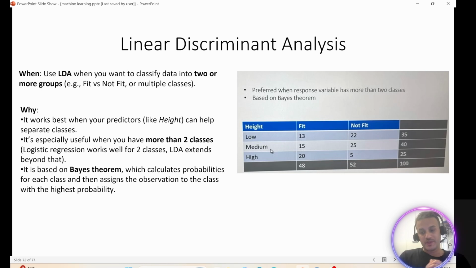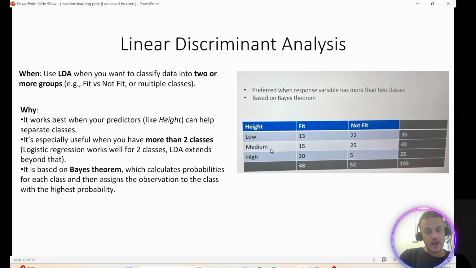So linear discriminant analysis is the same as logistic regression, but if you have more than two classes, we can use linear discriminant analysis. And when you prepare your data, you can keep it as numerical data, not just 0 and 1. You can keep 0 and 1, or you can classify it as, for example, fit or not fit. You can have this text value.